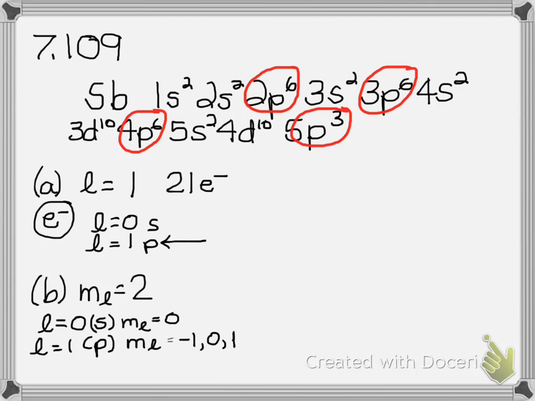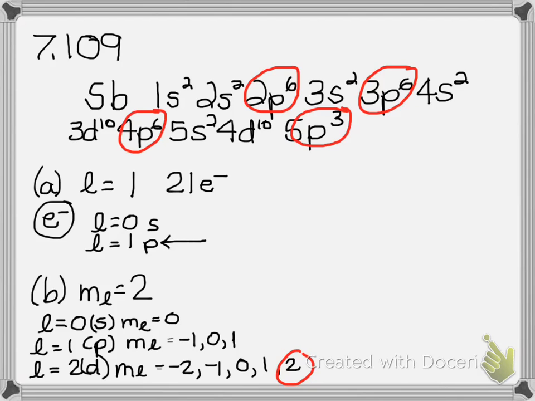So far we don't have anything. When L equals 2, which is a D, M sub L could equal -2, -1, 0, 1, and 2. Okay, right there I have a 2.